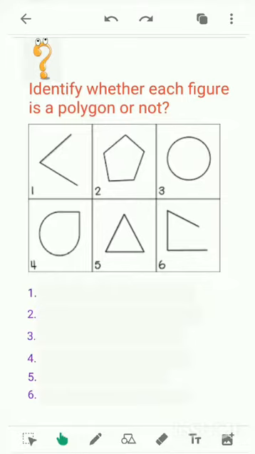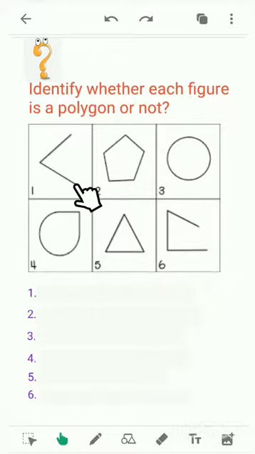This is an activity for you. Identify whether each figure is a polygon or not. 6 figures are given below. We have to identify each figure as a polygon or not. Look at the first figure. We can see that the first figure is made up of straight lines.